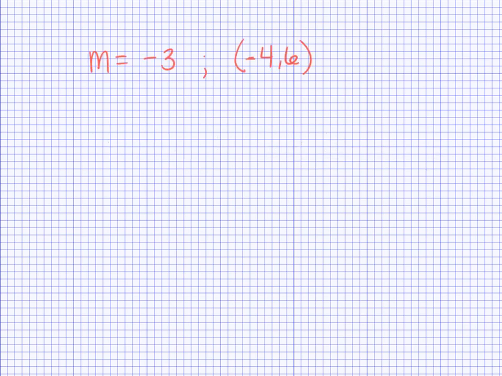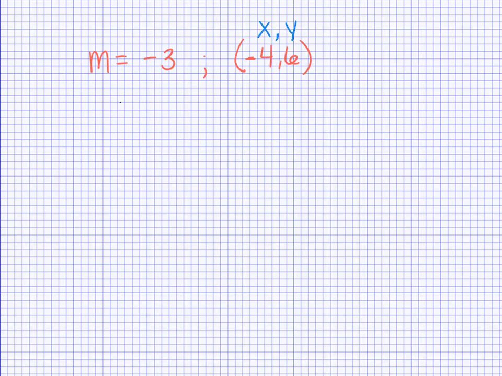Okay, so here's what it's going to look like. You're given a slope. In this case, it's -3. And you're given a point, which is -4, 6. So the one thing we have to keep in mind is in an ordered pair, remember it always goes x and then y. You're going to have to keep those separate.